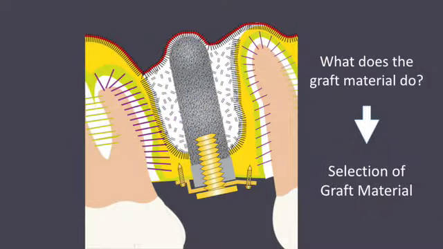What are we asking the graft material to do? So the selection of graft material is important in achieving the objective of creating a living bone volume. So many graft materials are being proposed, but the question really is what are they doing anyway?